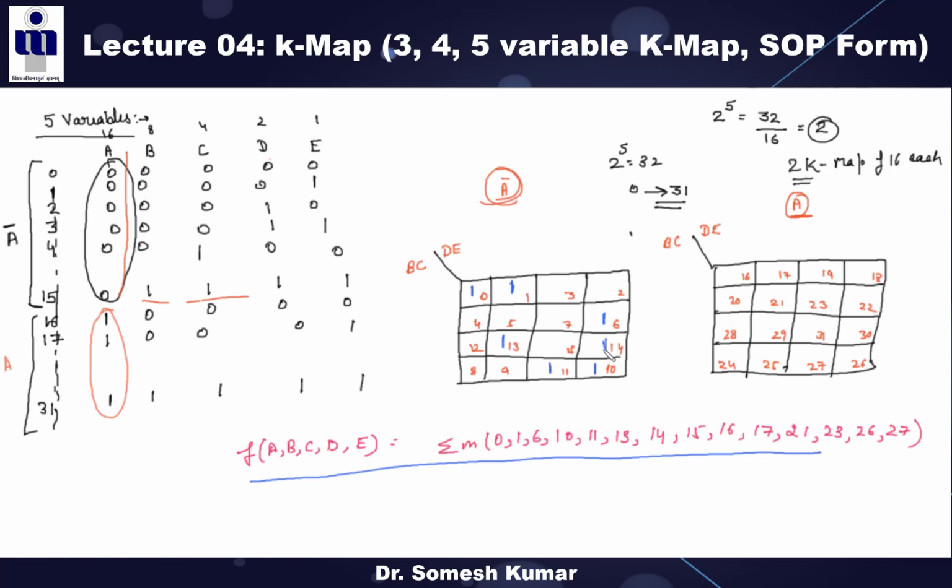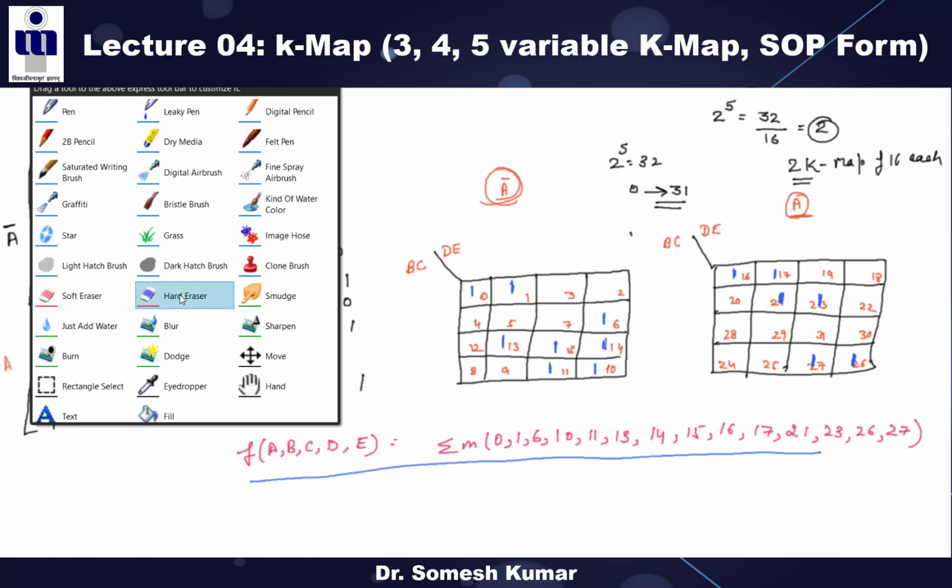This 14. 15. 16. 17. 21. 23. And 26. 27. Right? These are your ones given. Now tell me how to make the pairs, how to make the quads, how to make the octet. Quad is possible, octet is not possible.